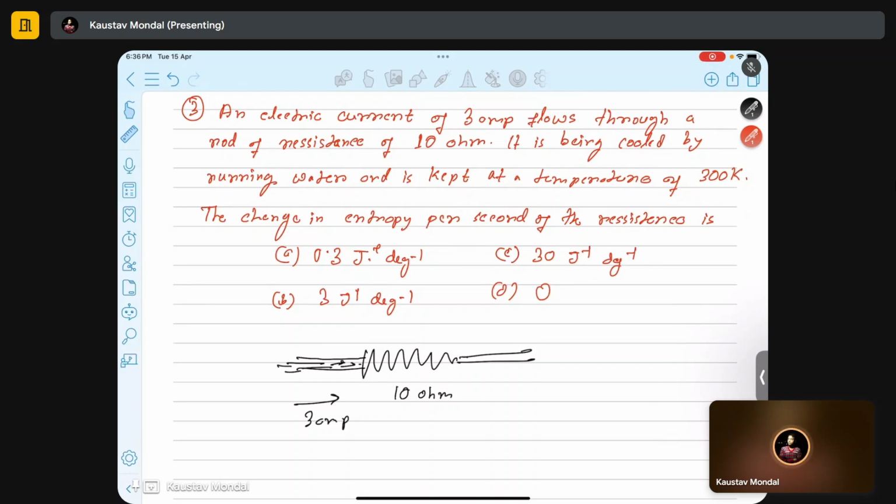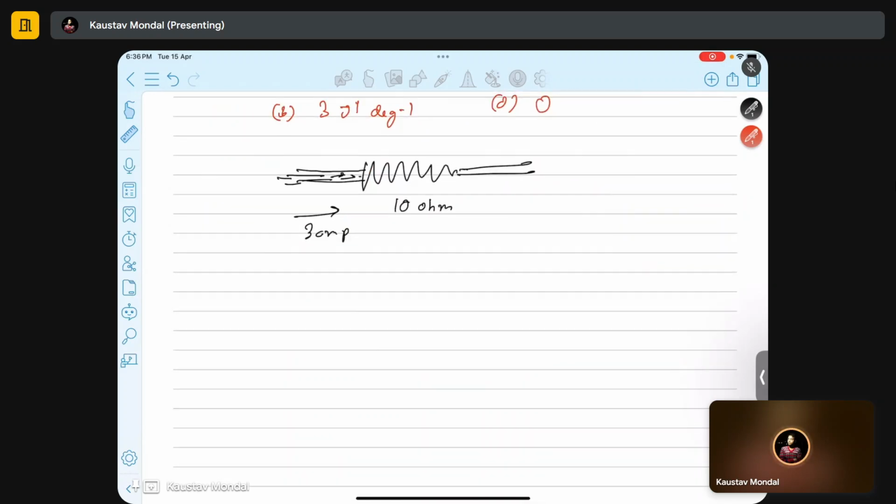So this is the important thing to take care of here. First, we read whatever information is given.